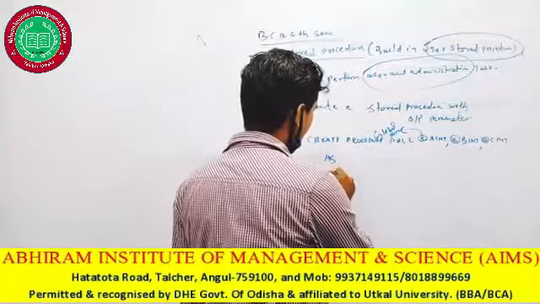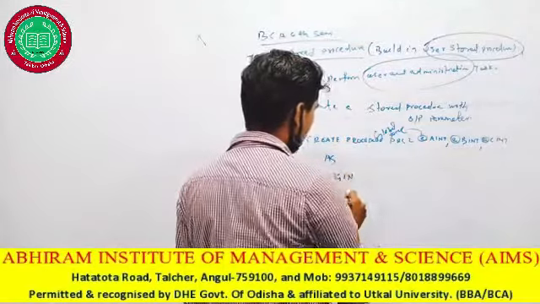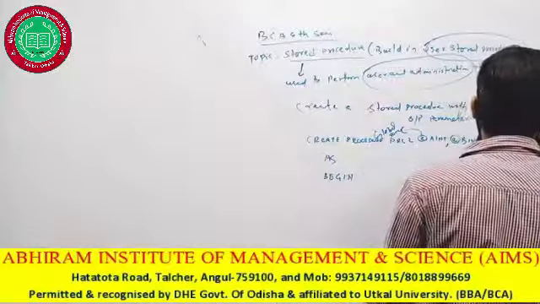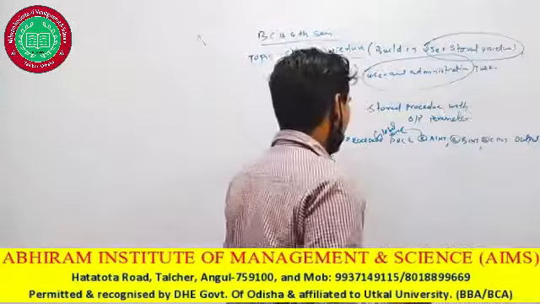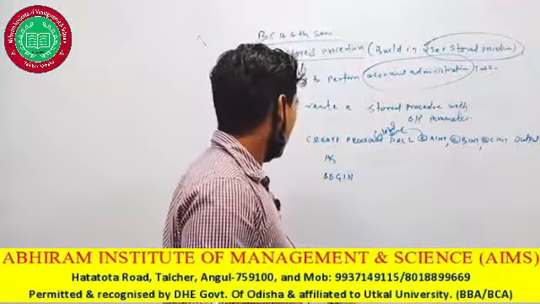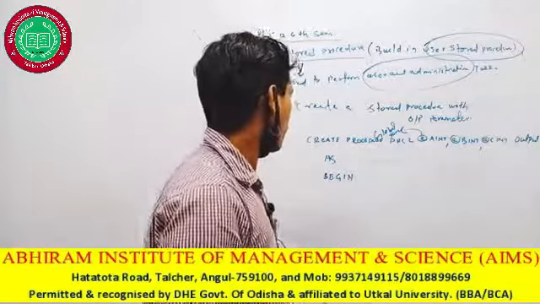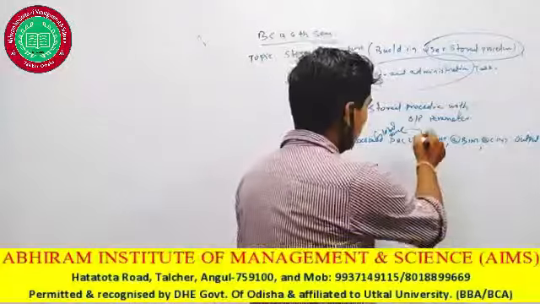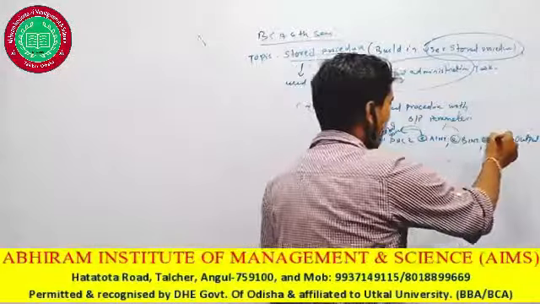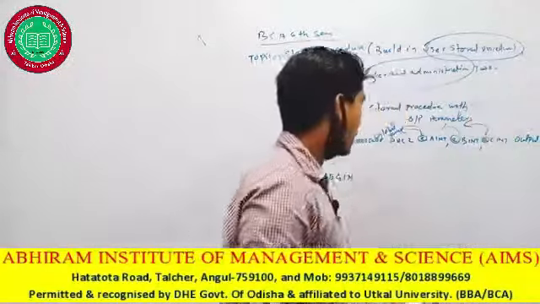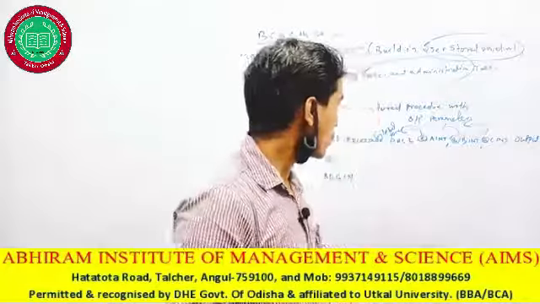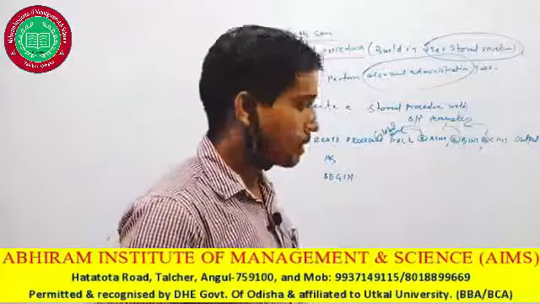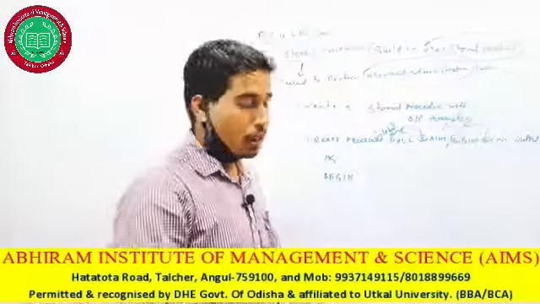Here you have to write the output, and let us start our stored procedure program with an output parameter. First we have to declare the global variables. We have taken three global variables. For that we need to find out the output, whatever the result is.